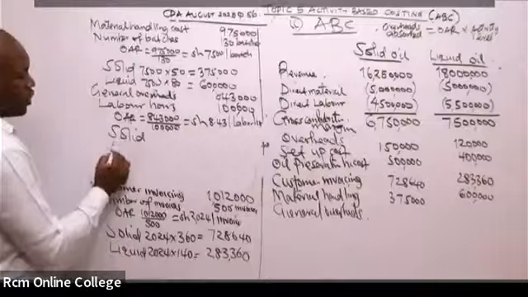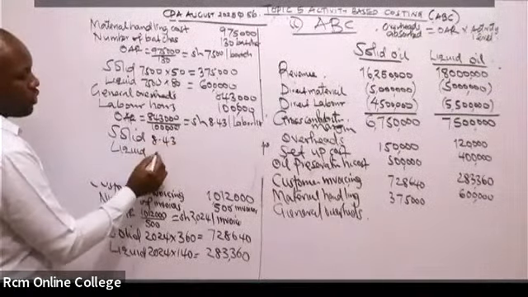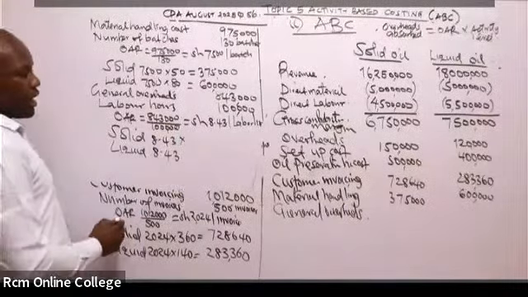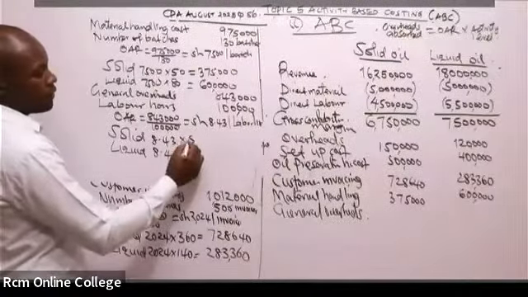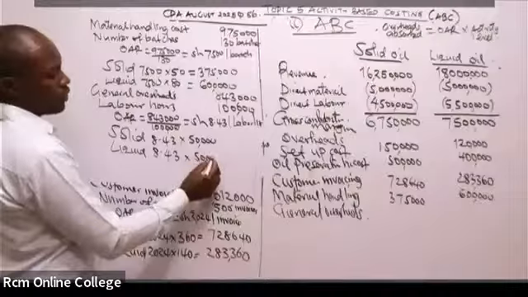Can we get solid? Then we have liquid here. 8.43. 8.43 multiply by total labor hours, 50,000.